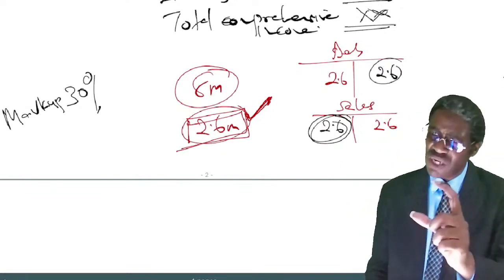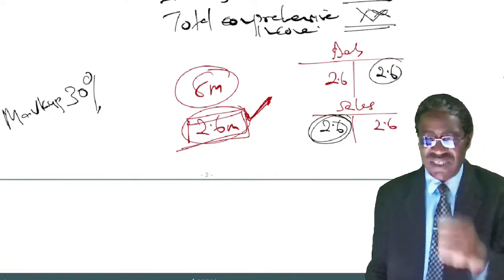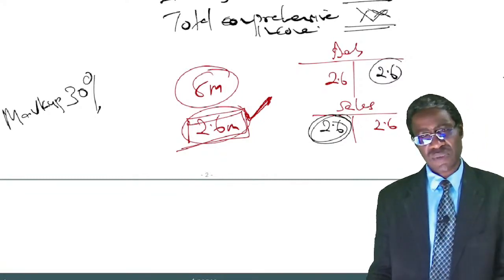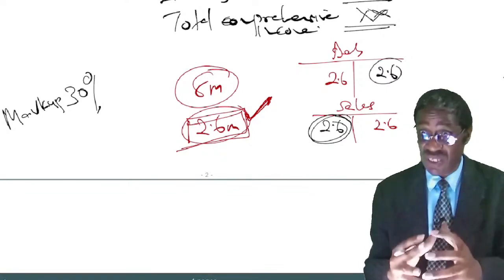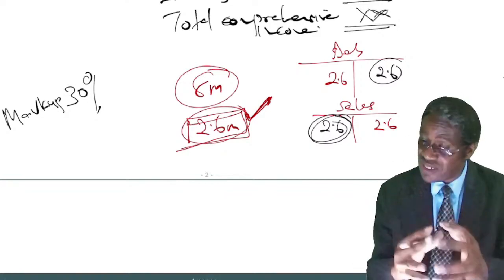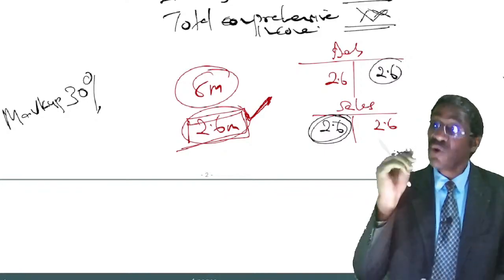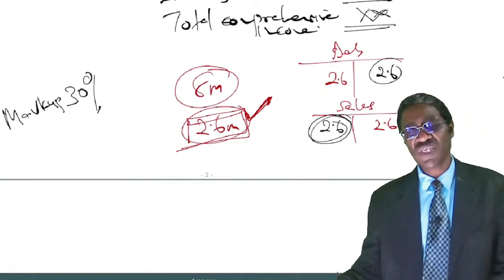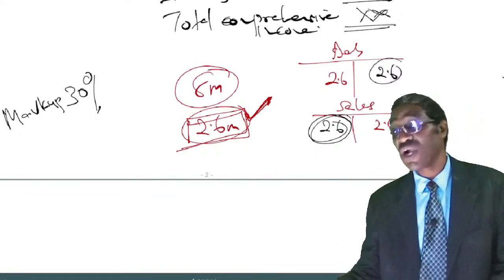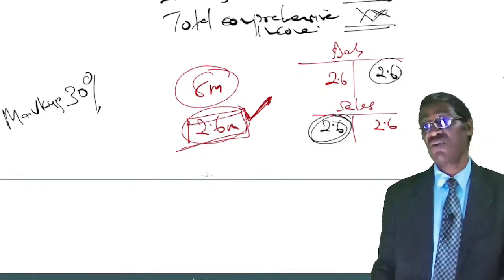So you will have to ask yourself, when closing stock is undercasted, what effect did it have on the cost of sales? When closing stock is undercasted, is the cost of sales overcasted or undercasted? That's the issue we want to find out.